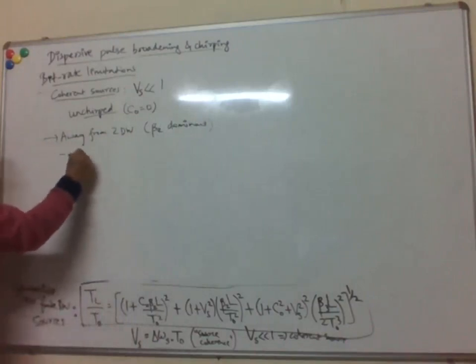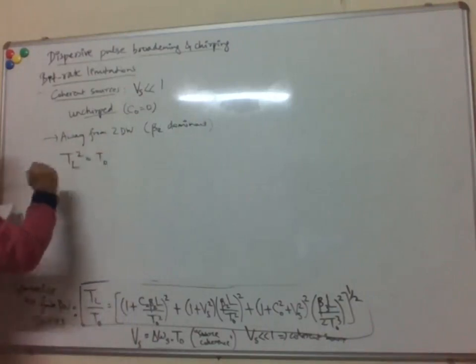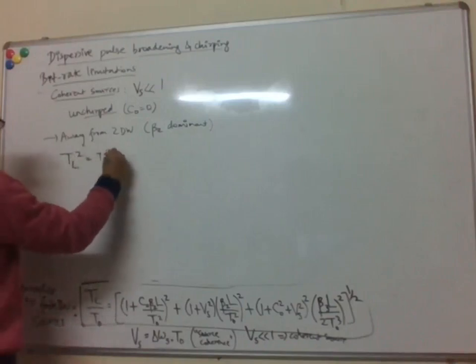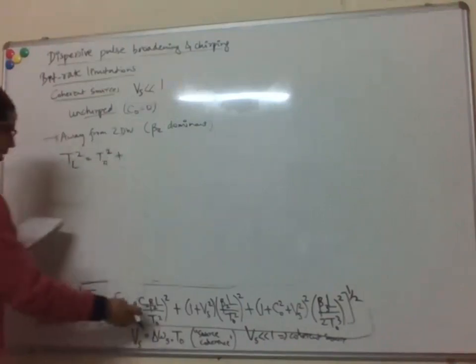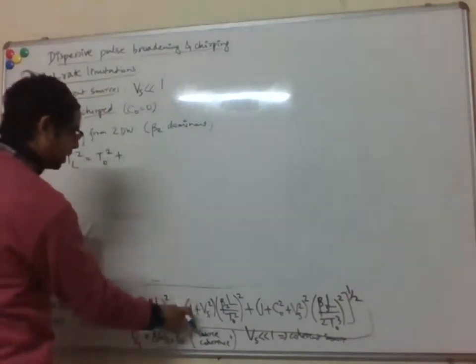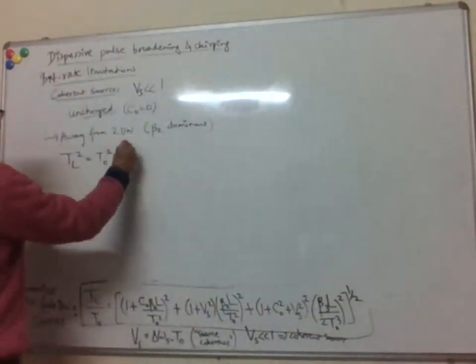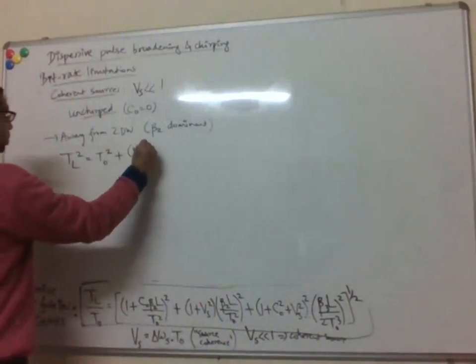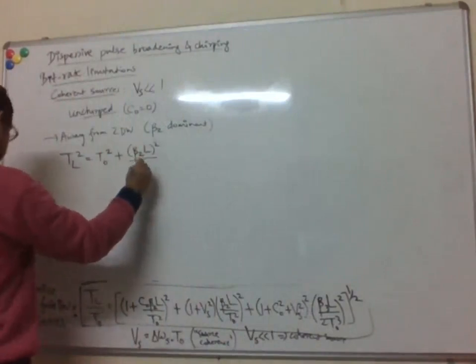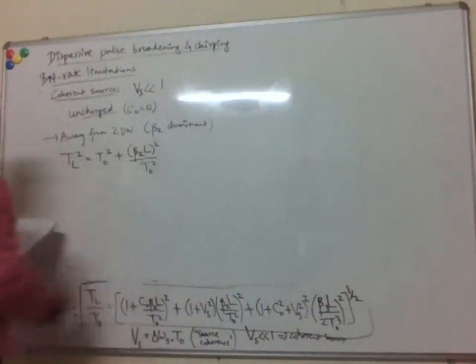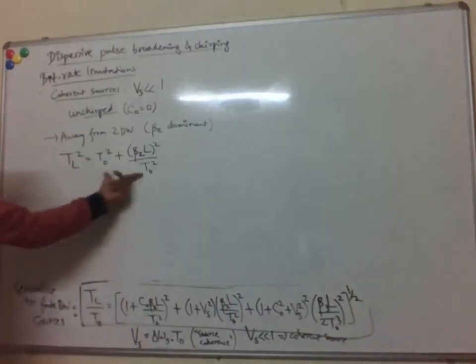In this case, you get the pulse width at the output. Here we take C0 as 0, we neglect Vs, and this term we neglect. Okay, so we get it like this.